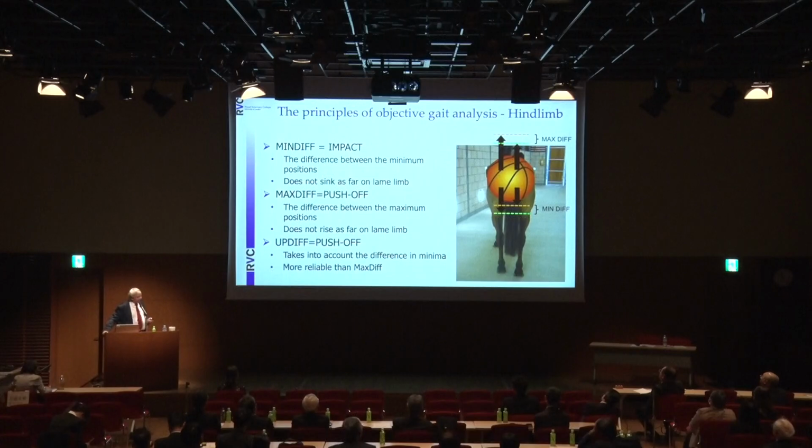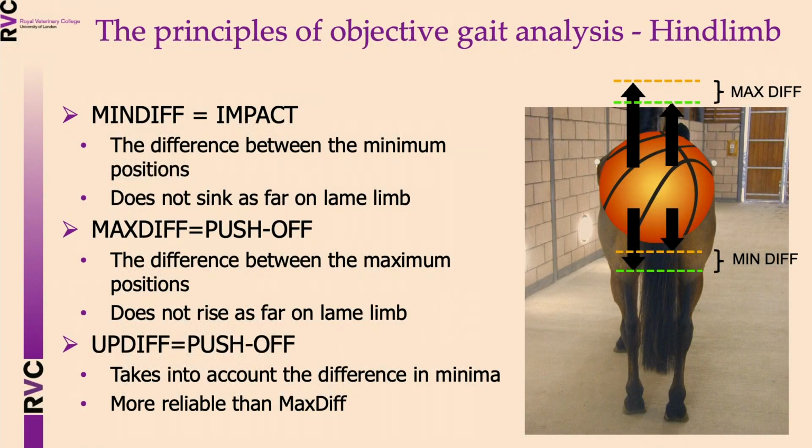In the hind leg, it is essentially the same. What I've tried to illustrate here is, on the sound leg, you can see the ball mimicking the movement of the pelvis goes up and down. But for the lame leg, it does not go down as far and does not go up as far.